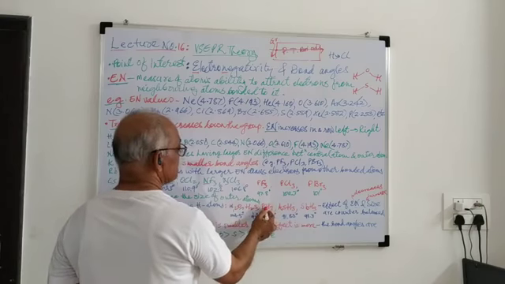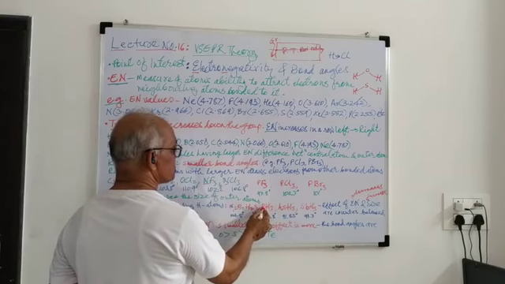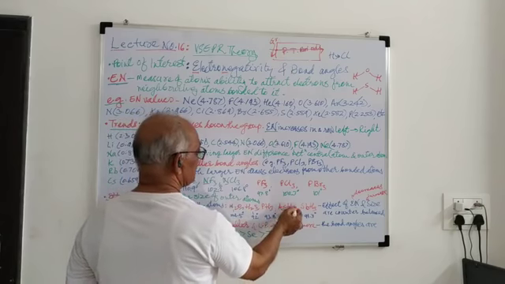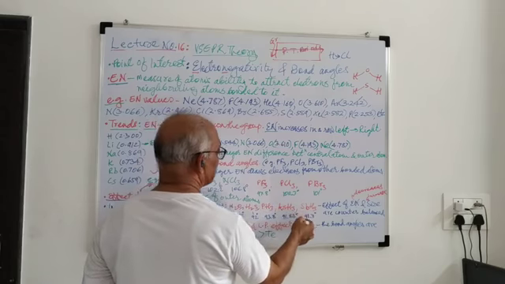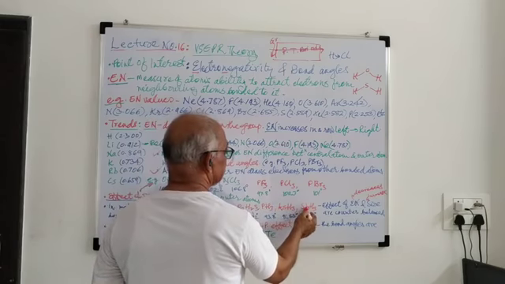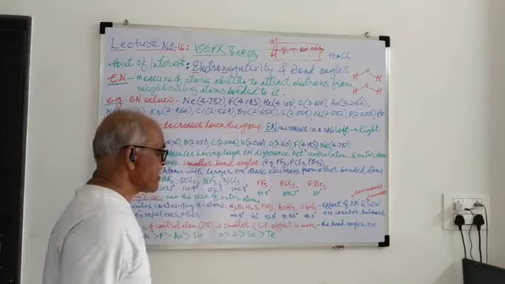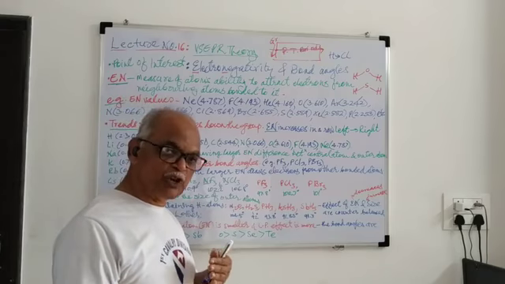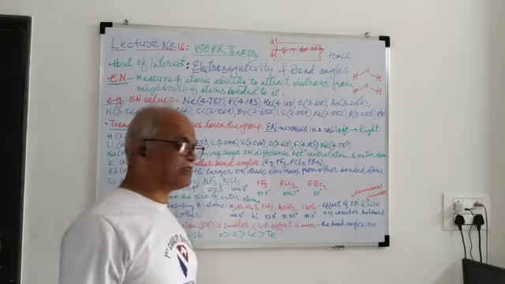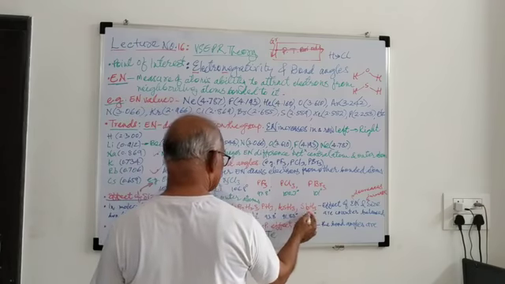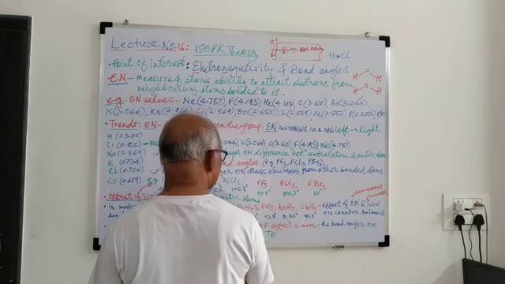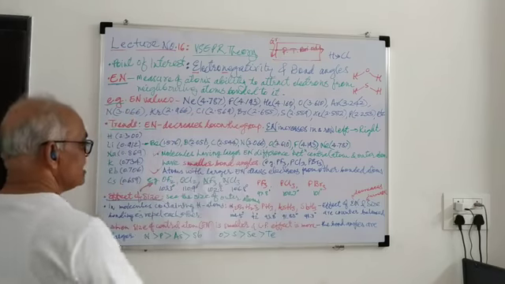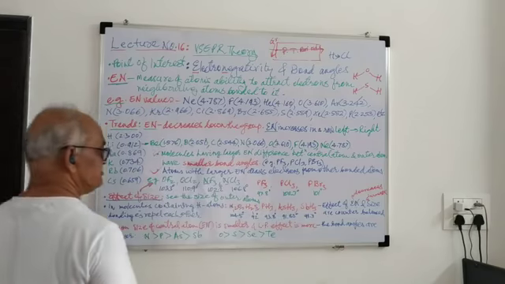In phosphorus the electron pair is closer to the central atom than in arsenic, and in arsenic the bond pair is relatively closer than in antimony. So the bond pairs are repelling each other, but the magnitude of repulsion between the bond pairs is decreasing in this direction. So the bond angle is found to be decreasing.